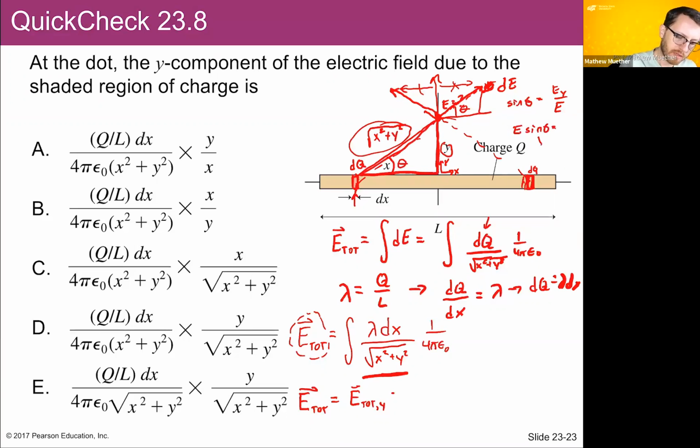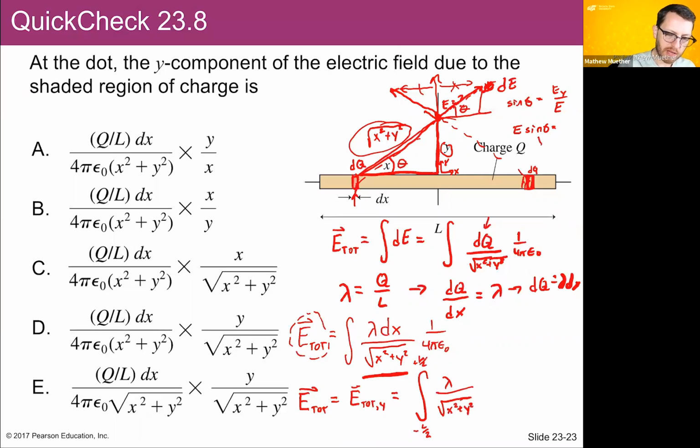So that means I can integrate from minus L over 2, that's the furthest extent in x that I want to be in, up to positive L over 2. Lambda over square root of x squared plus y squared.